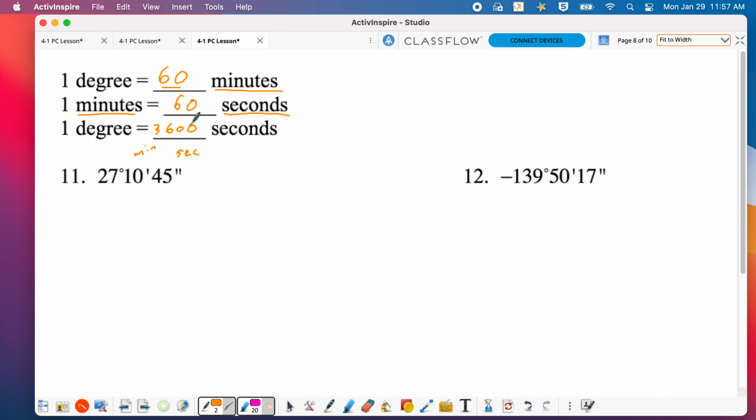3,600 seconds. So what we're going to do to convert this to a decimal, again, 3 decimal places for me, answer whatever the website wants, I'm going to take 27 and add 10 minutes and convert it to a degree. So I'm going to change that to 10 over 60, because I have 10 minutes out of 60, which make a degree.